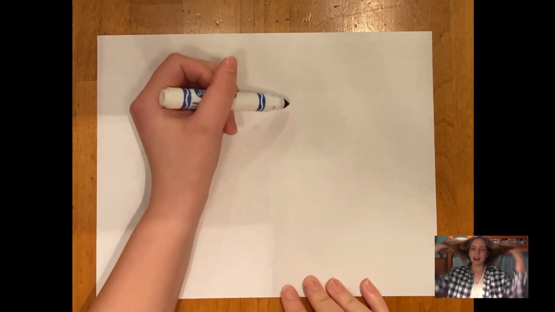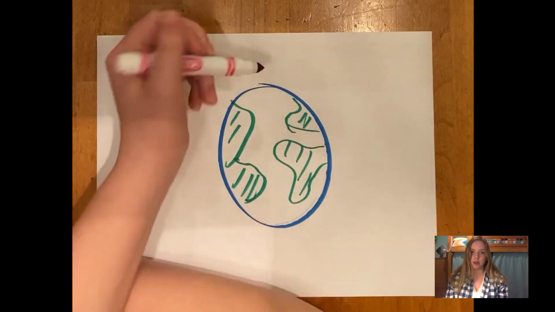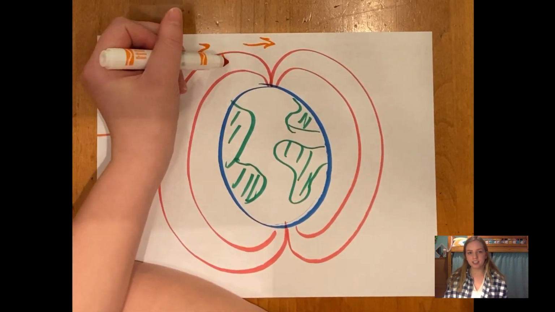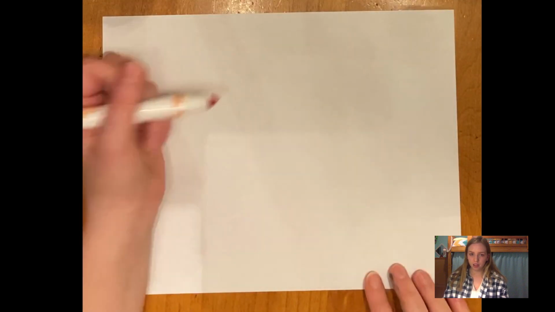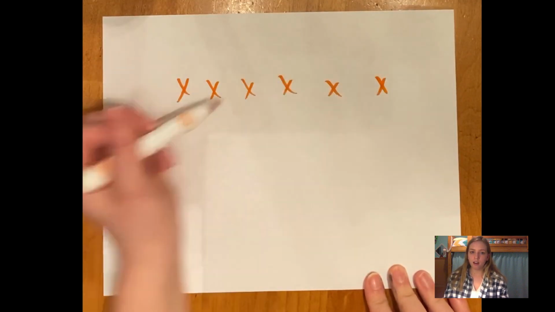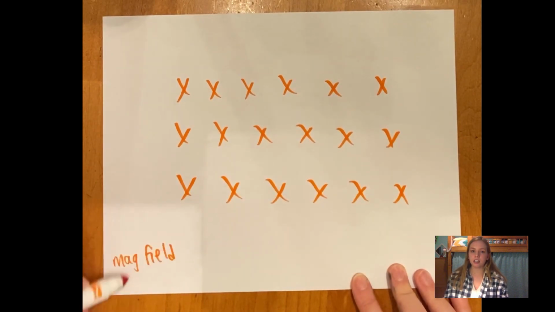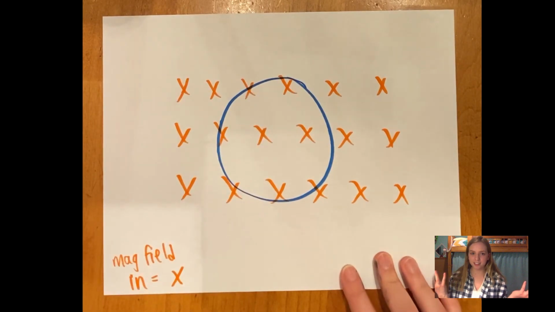Yay! But there are some weak spots in the Earth's armor, and some of the charged particles slip their way in. Now, when charged particles travel in a magnetic field, they often travel in a circular path. Now, why is this?